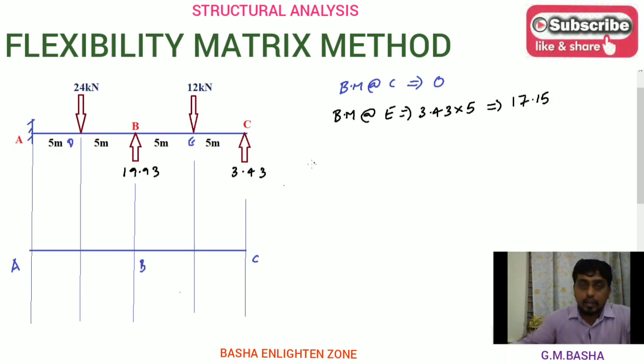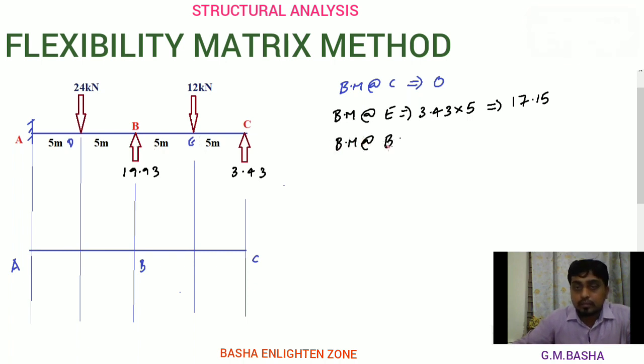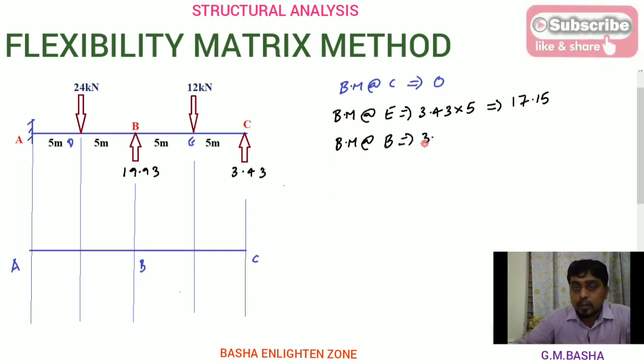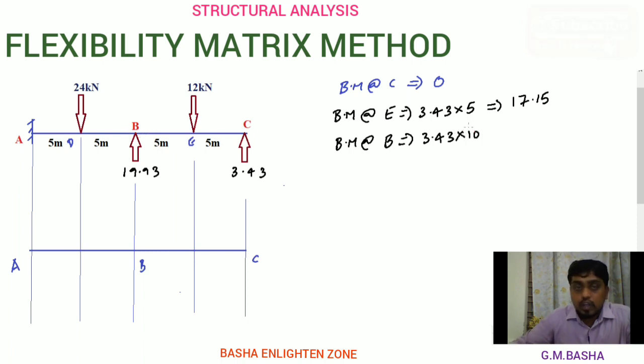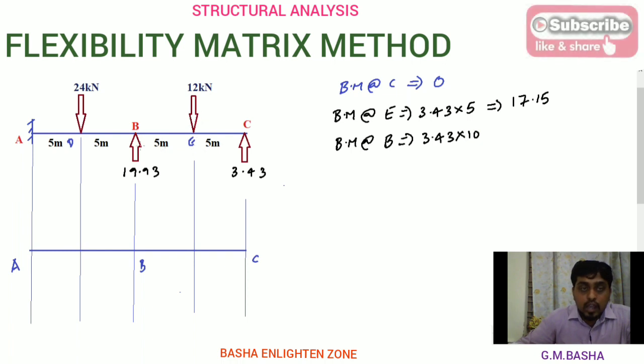17.15. Again, bending moment at point B. Upward positive I am taking 3.43, so I am resolving this force into the distance, 3.43 into 10. Again there will be downward loads acting up to the point B, which is 12 into 5.